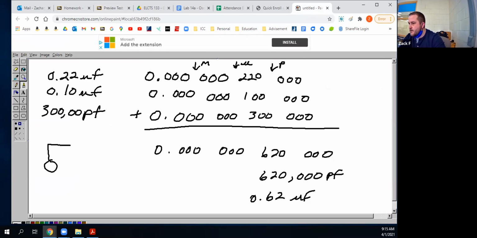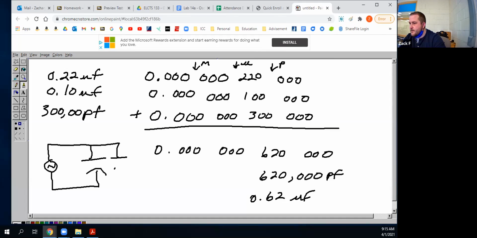So that would look like this. You understand the difference between series and parallel, right? Multiple current paths.